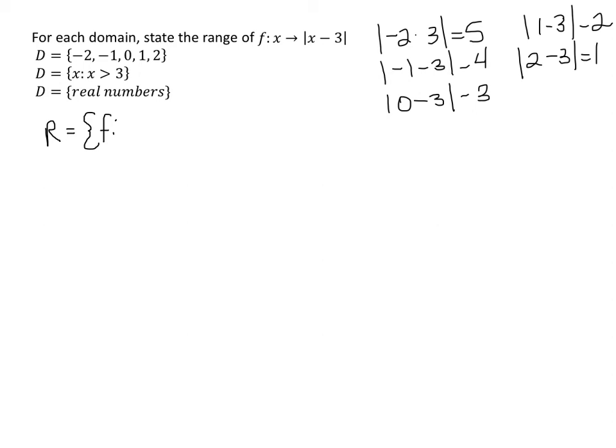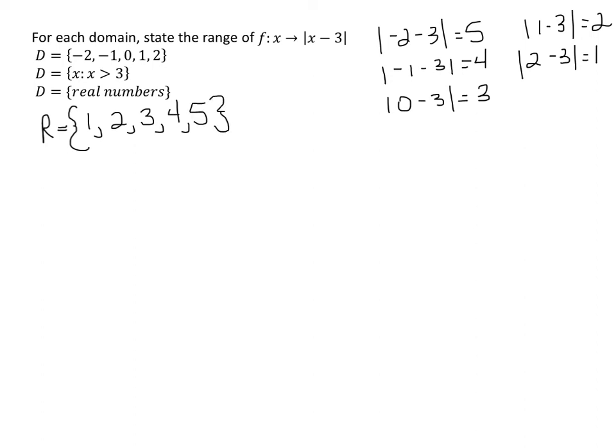So my range is the very specific set of numbers 1, 2, 3, 4, 5. And please note that I didn't list them in the same order as the domain. I listed them from smallest to largest.